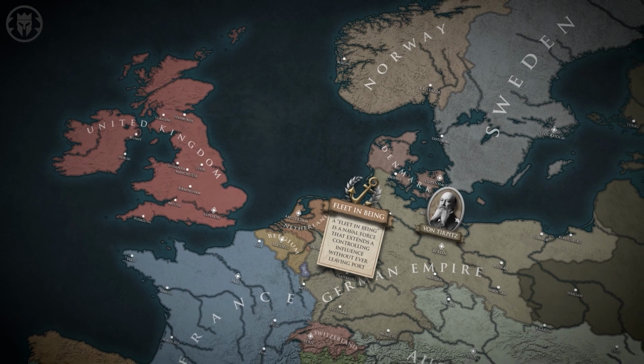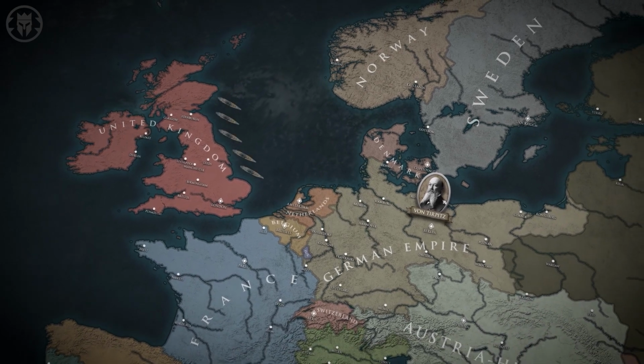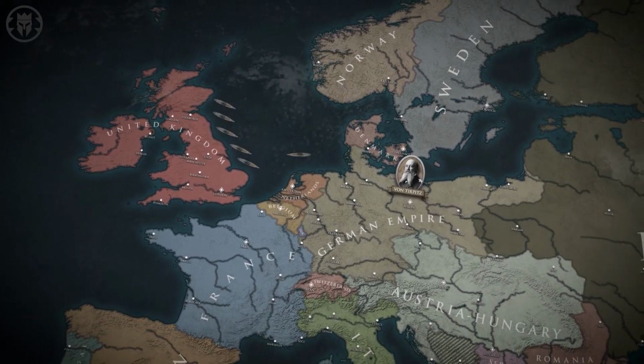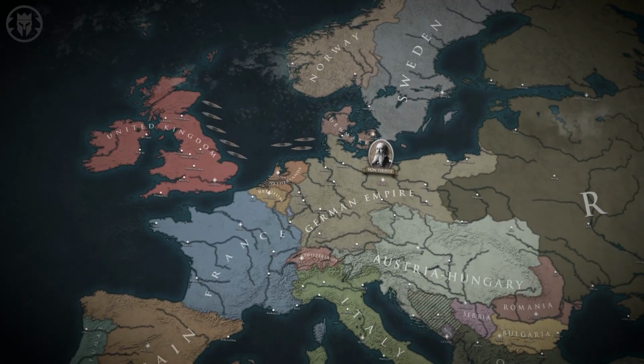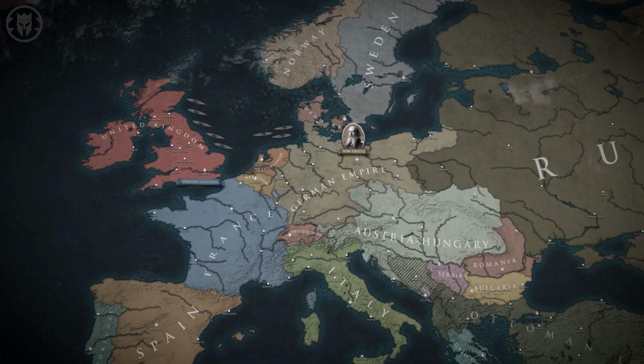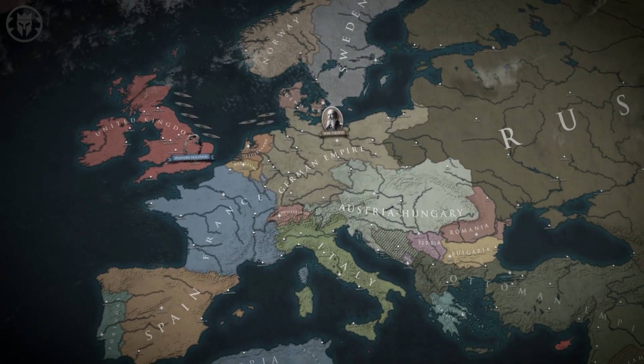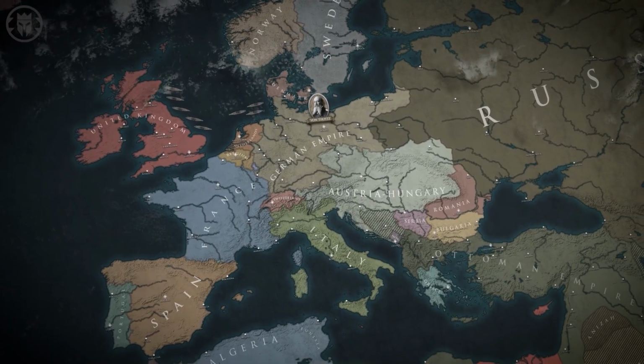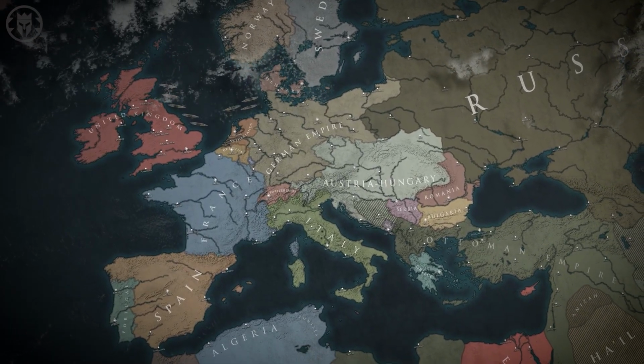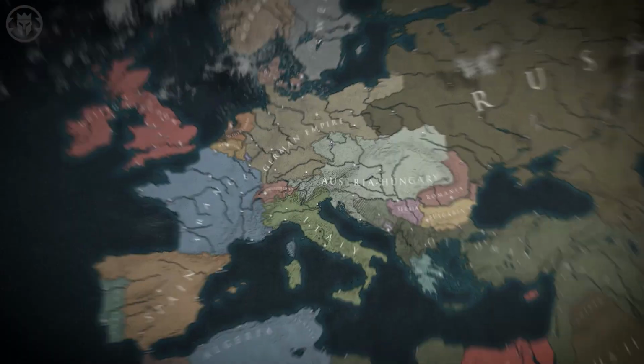Tirpitz believed if Germany possessed a navy that Britain could not destroy without imperiling herself, then Britain would be forced to negotiate with Germany, give up her splendid isolation policy, and join the Triple Alliance. This would never become a reality, and further isolated Germany from Britain.